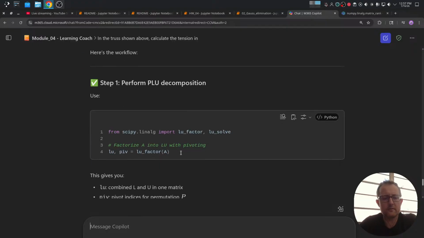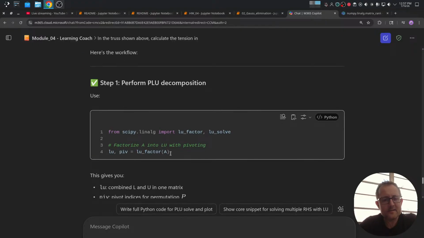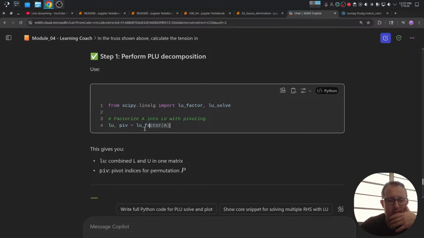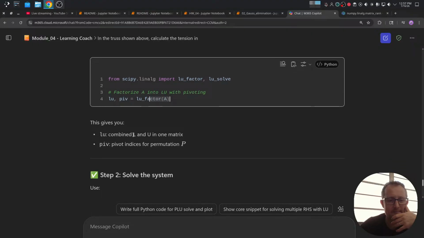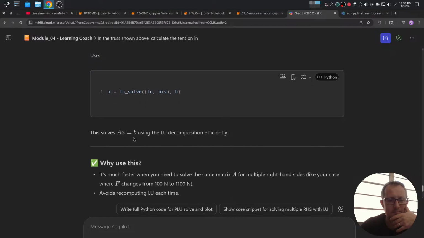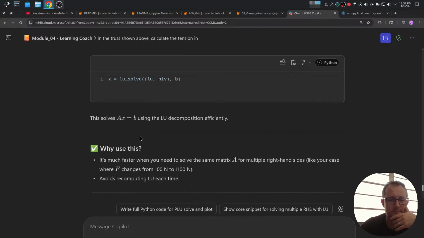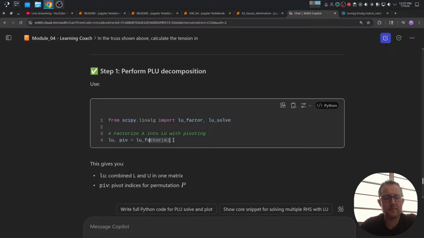LU solve. Yeah, and the one thing is, this is a better way of doing it, but it ends up looking different. And I'll show you what I mean.